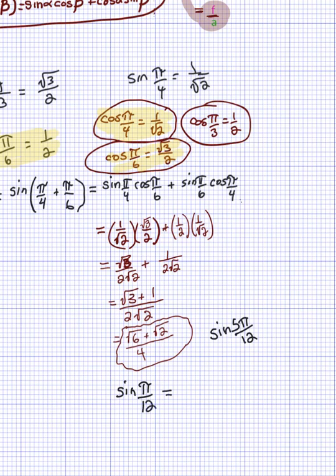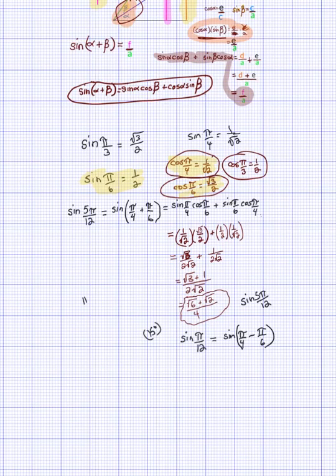What if we wanted to do that? So let's say sine pi by 12. You guys might still be thinking 15 degrees, but you shouldn't. Well, we could just say that that is the sine of pi by 4 minus pi by 6, because pi by 4 is the same as 3 pi by 12, minus pi by 6, which is 2 pi by 12, is just equal to pi by 12.